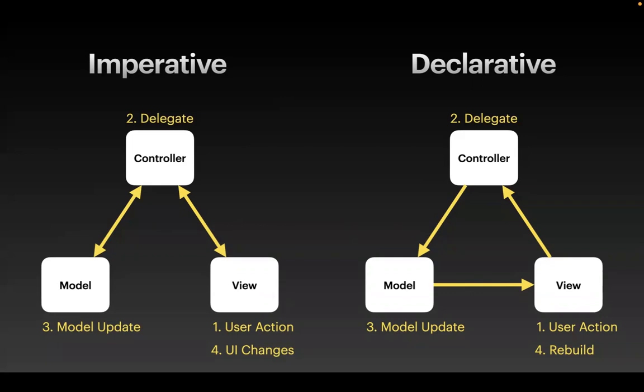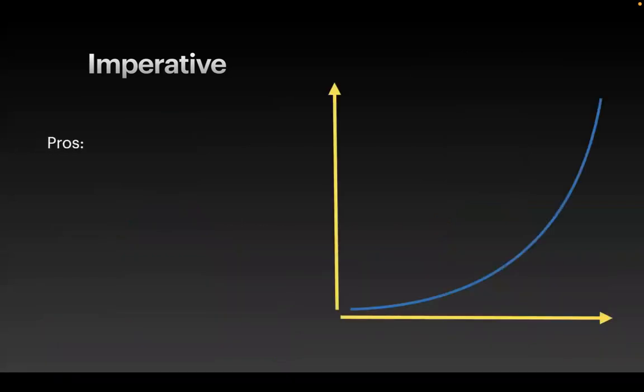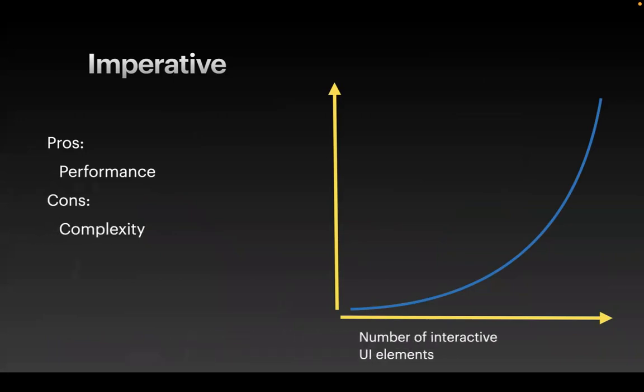Which advantage does it have? In the imperative system, you have performance as a pro, and the con is complexity. Why? Because if you have 5 buttons, you can click those buttons in 125 different orders, right?